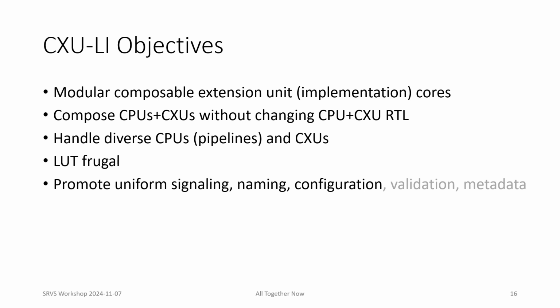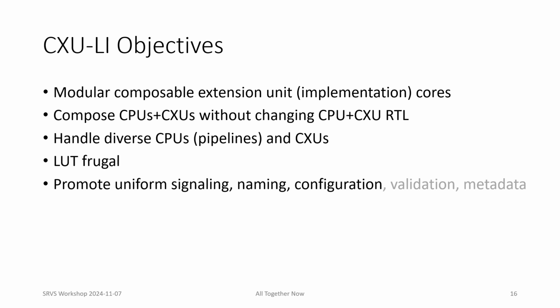We must be able to automate composition of complexes of CPUs and CXUs, and do so without having to change or revalidate any CPU or CXU RTL. We must handle diverse CPU microarchitectures, from simple MCUs up to complex out-of-order multi-issue processors, and diverse extensions with simple ALU-like implementations or with complex and deeply pipelined data paths.